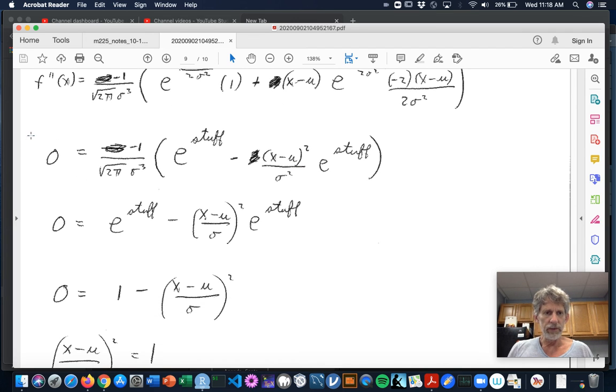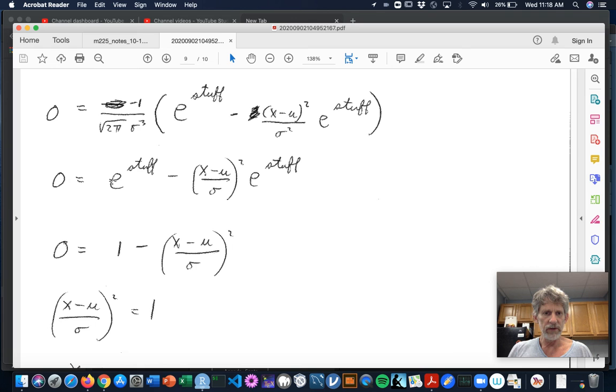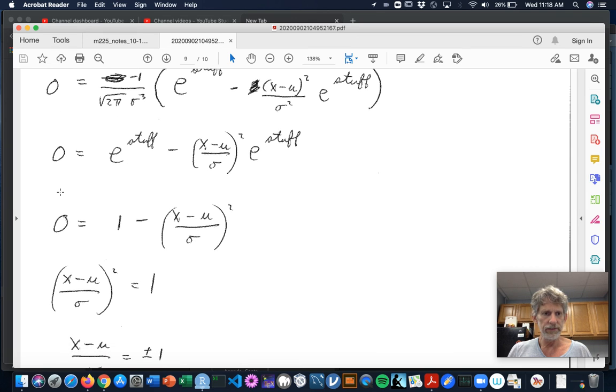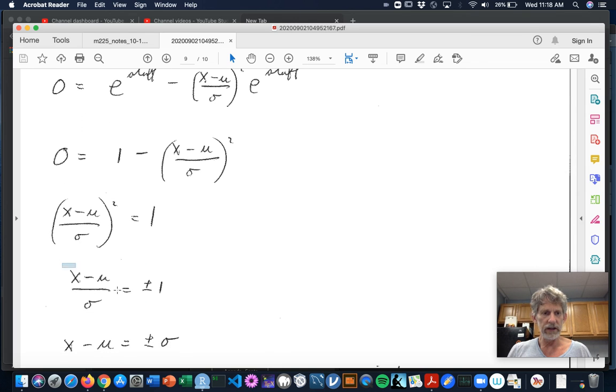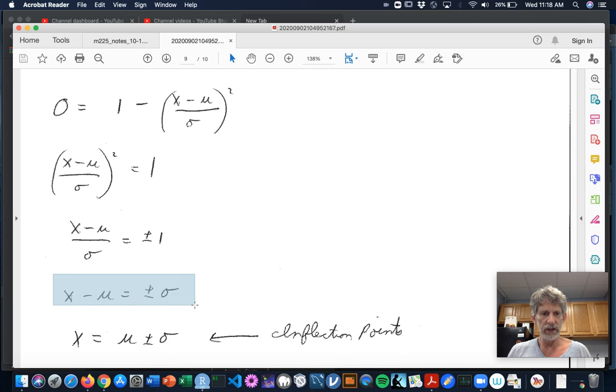Okay, here I am with my equation to solve, and I'm first dividing both sides by this stuff. And then I'm going to divide both sides by e to the stuff. And you can see the benefit of not having multiplied out the x minus mu squared. If you just keep that whole quantity squared, then you very quickly get down to this, which gives you this.